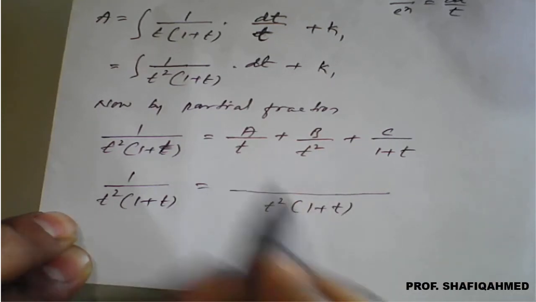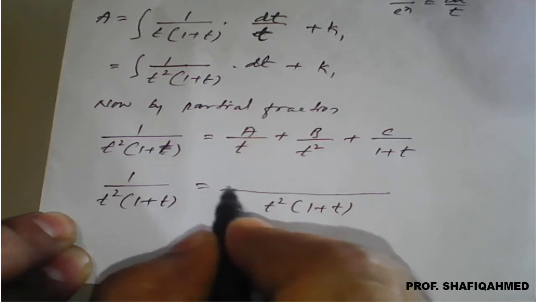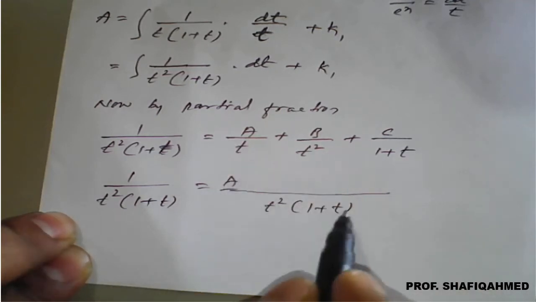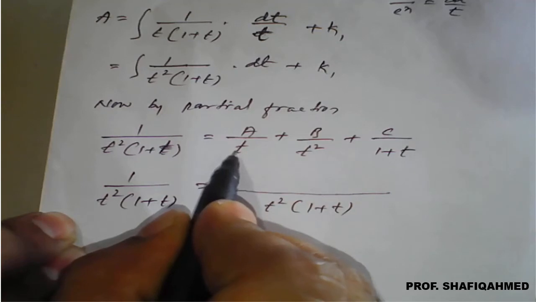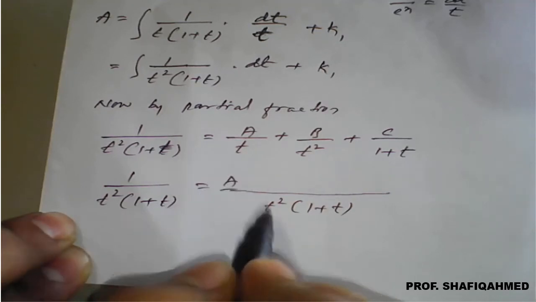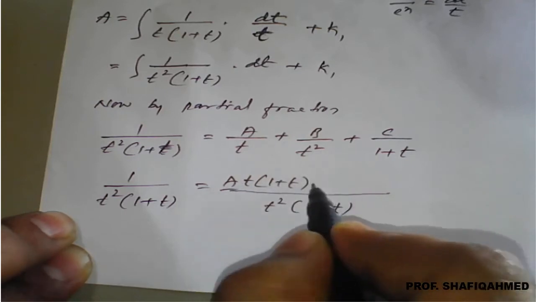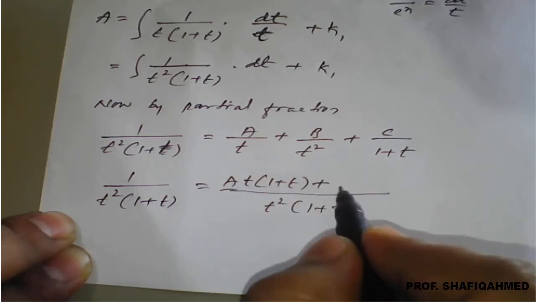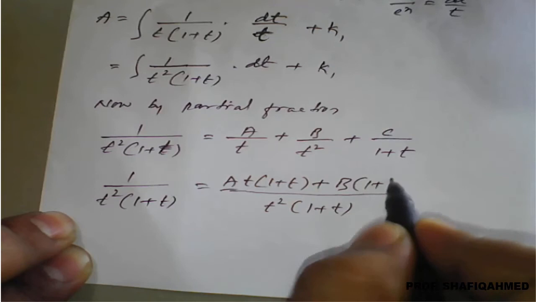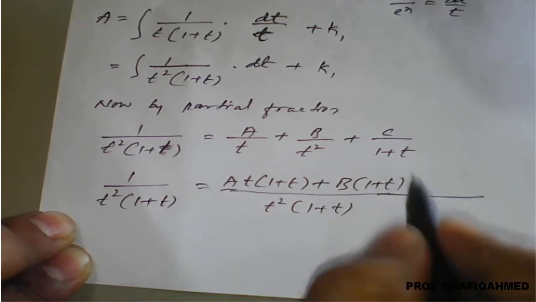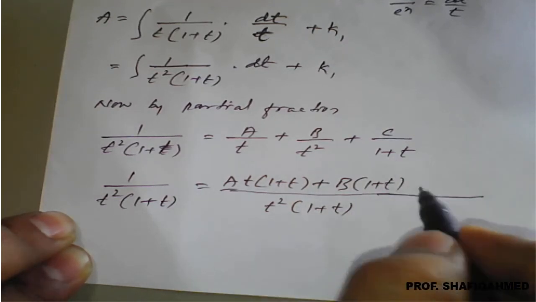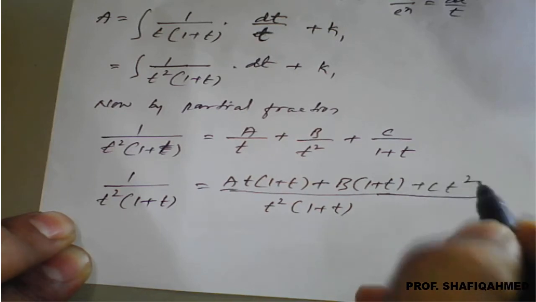So if you write the coefficient of a, what happens here? This divided by this you have to make it. So t cancels, we have left t into 1 plus t here, plus t square cancels, b into 1 plus t left, then 1 plus t cancels, c into t square left.